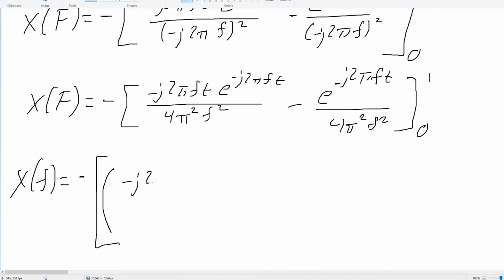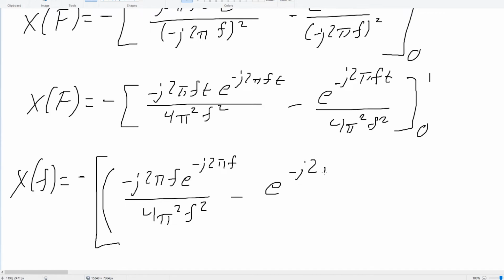Negative j 2 pi f e to the negative j 2 pi f divided by 4 pi squared f squared minus e to the negative j 2 pi f divided by 4 pi squared f squared. There we go. Finally got it.